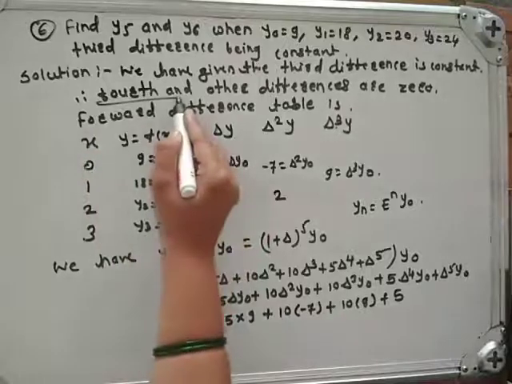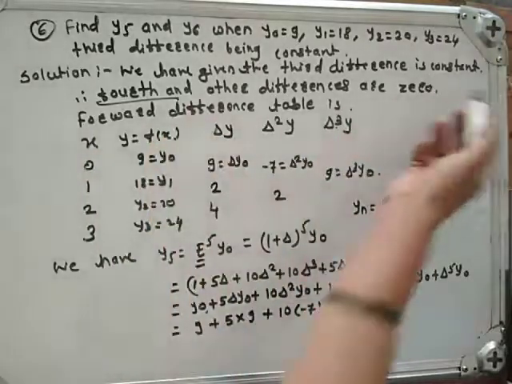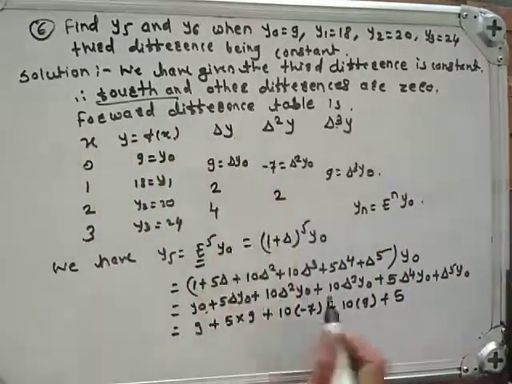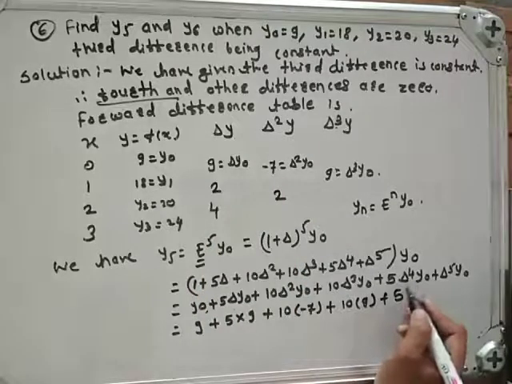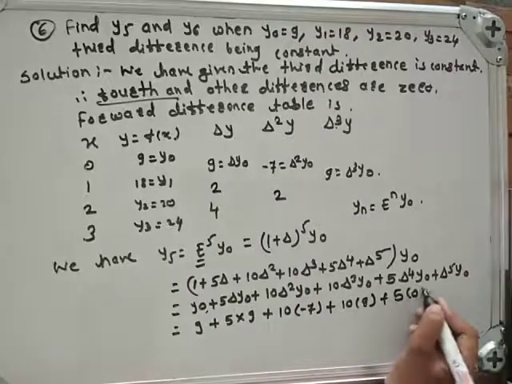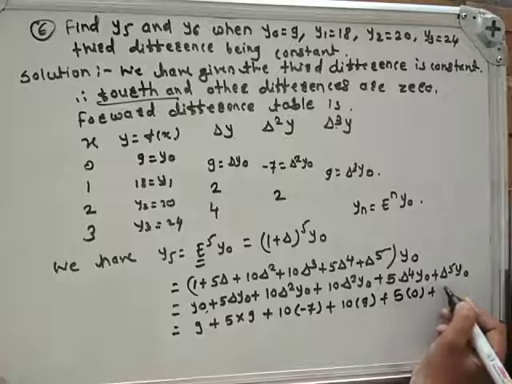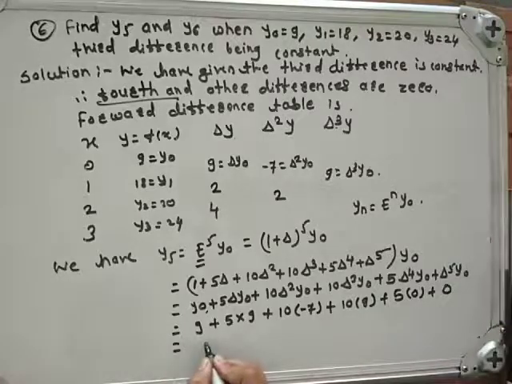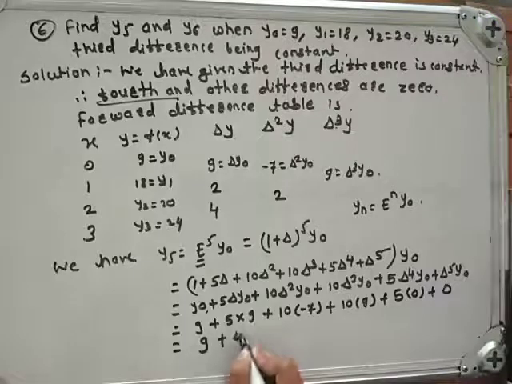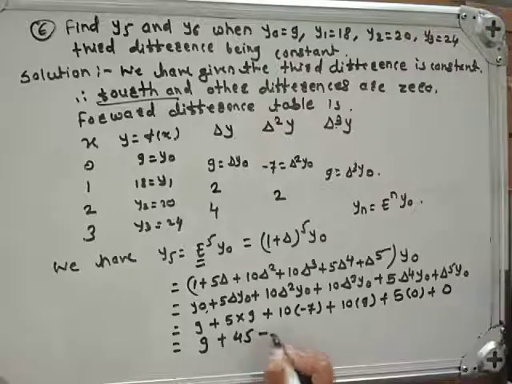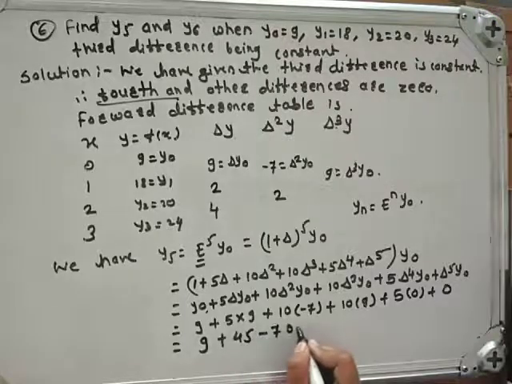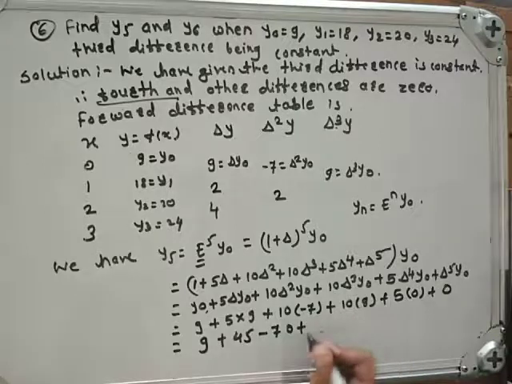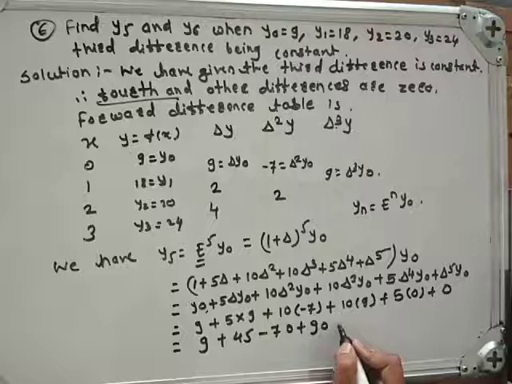Here we have written that third difference is constant, so fourth and other order differences are 0. So delta raised to 4 y0 is 0 plus this is also 0, which is equal to 9 plus 5 into 9, 45, minus 70 plus 10 into 9 is 90. Okay.